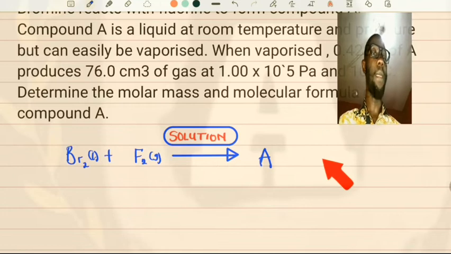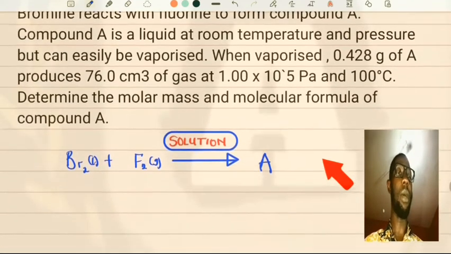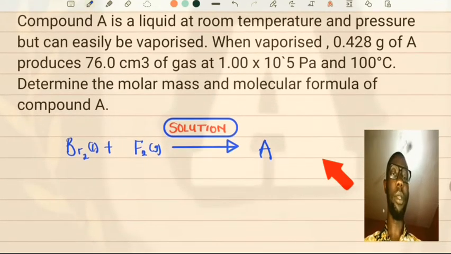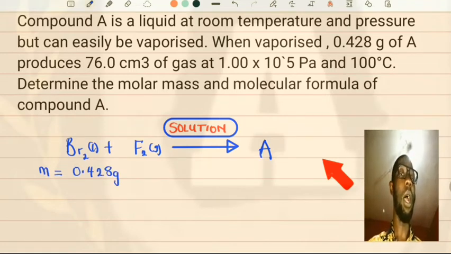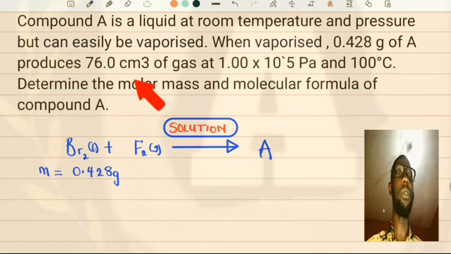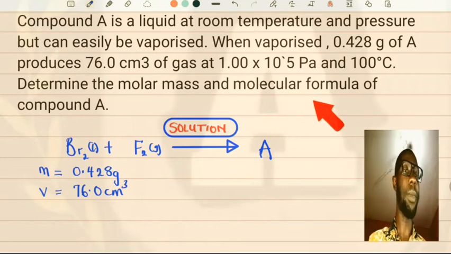On the question, the mass of compound that vaporized is 0.428 gram. We are given the mass, and we are told that it produces 76 cm cube. So the volume given in the question is 76.0 centimeter cube.